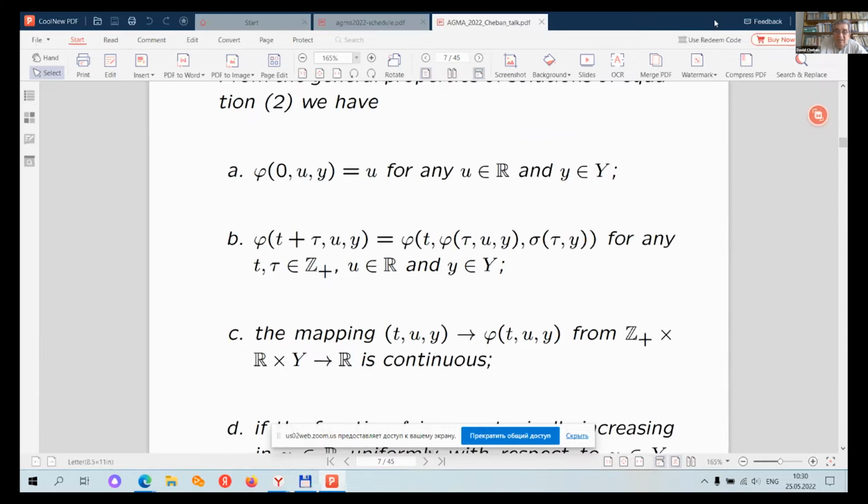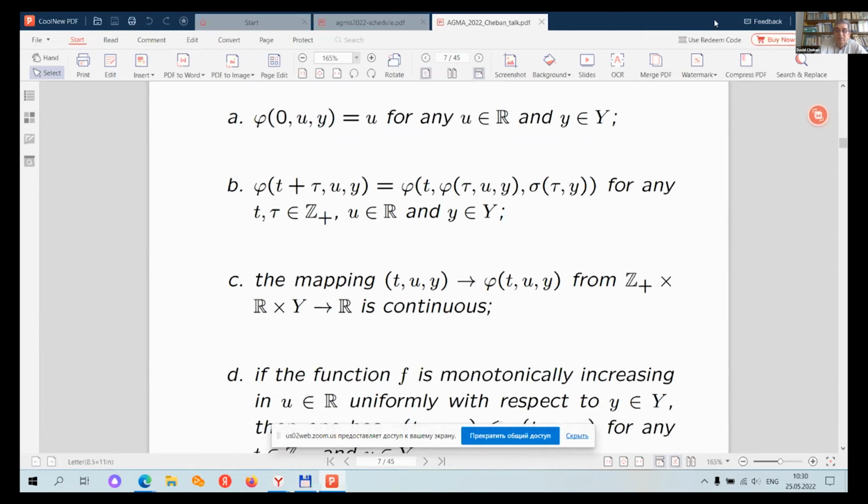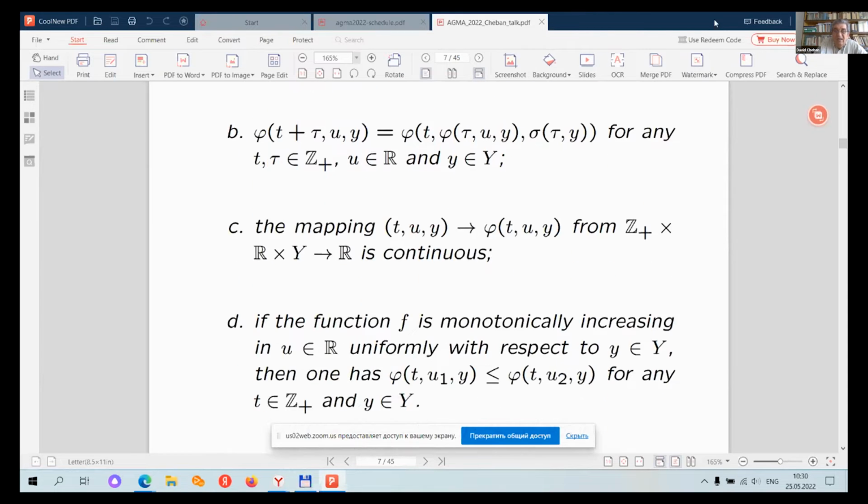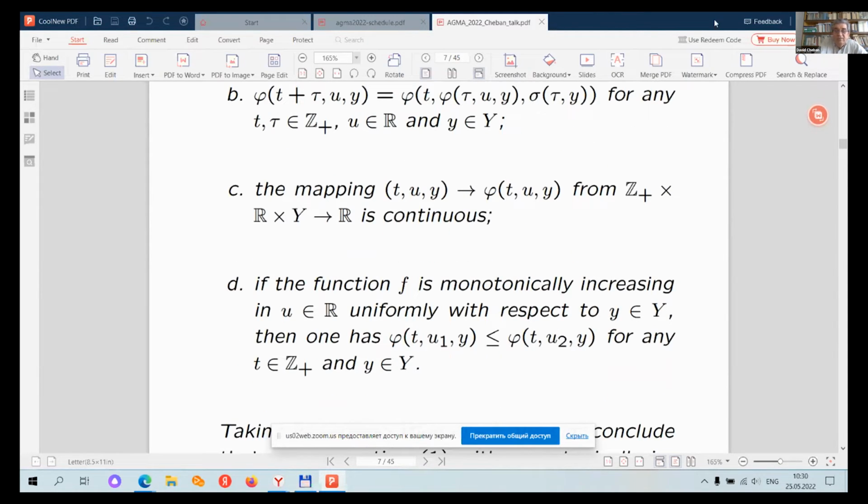And the continuity of the function phi as a function of three variables: time, initial condition u, and parameter y. Additionally, we have the fourth property: if the right-hand side f is monotone as a function of u, then we have the monotony of the function phi with respect to the variable u.